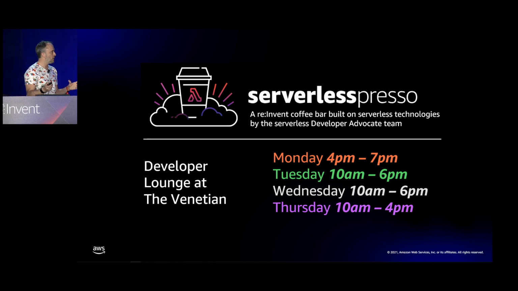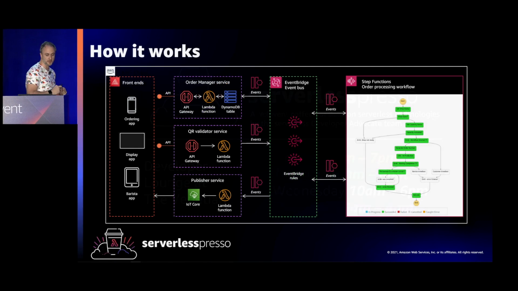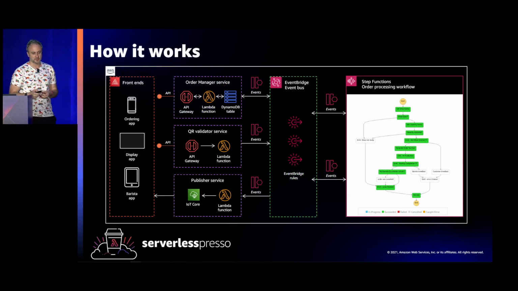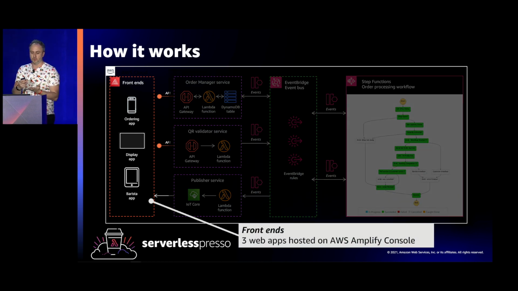The reason I want to show you this is because it employs a lot of the things I've spoken about today, using the managed services, using asynchronous workloads where possible, and another thing that I want to tell you about. So this is broadly how it works. It has 3 front-end applications. One is a web app that you go to on your phone to look at the menu and make your order.